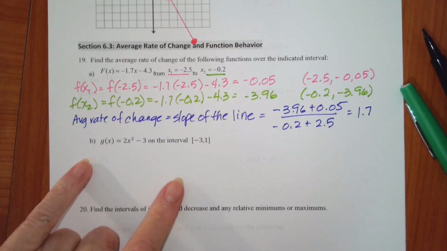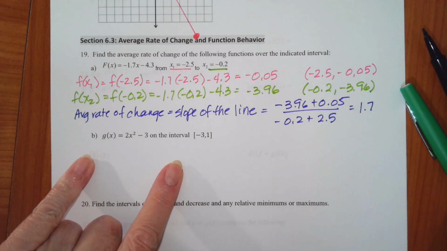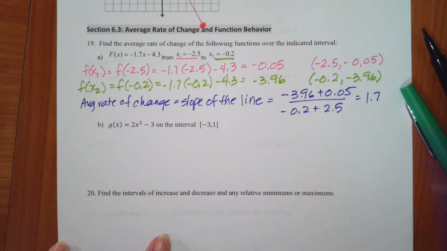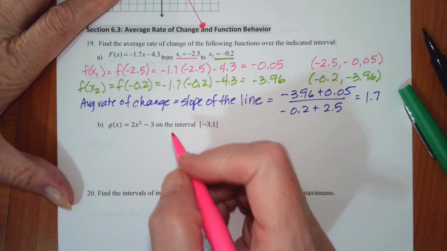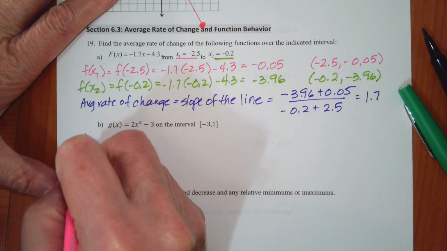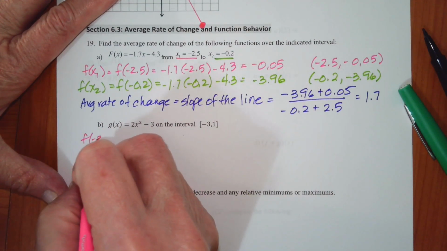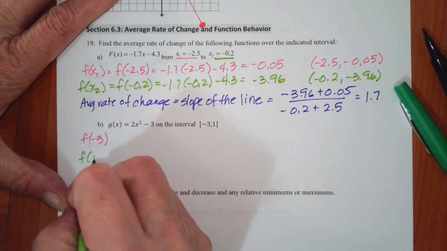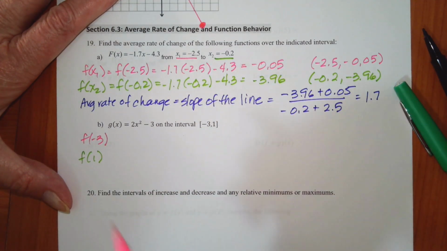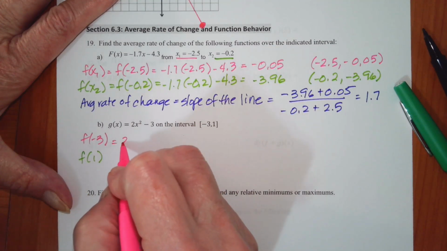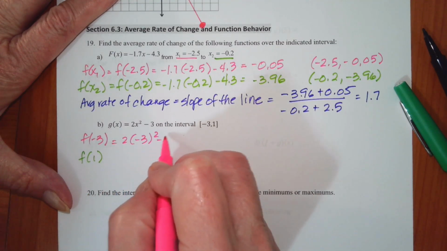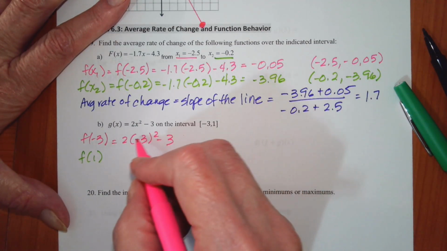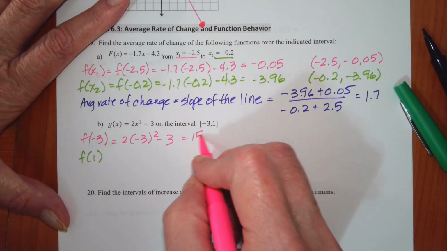Okay. Now, another way of wording the question exactly is I want to find the rate of change of this on an interval. That means I need to find f of -3, and I need to find f of 1. So that's 2 times -3 squared minus 3. So that's 18 minus 3, which is 15.